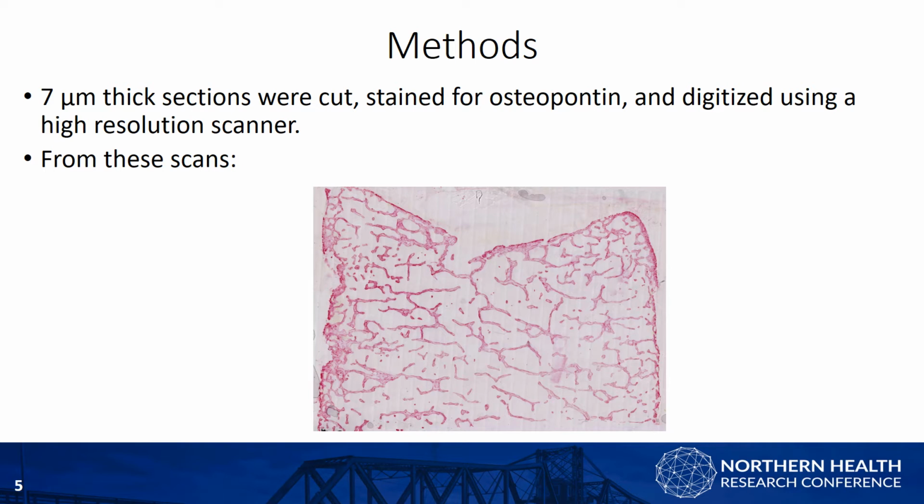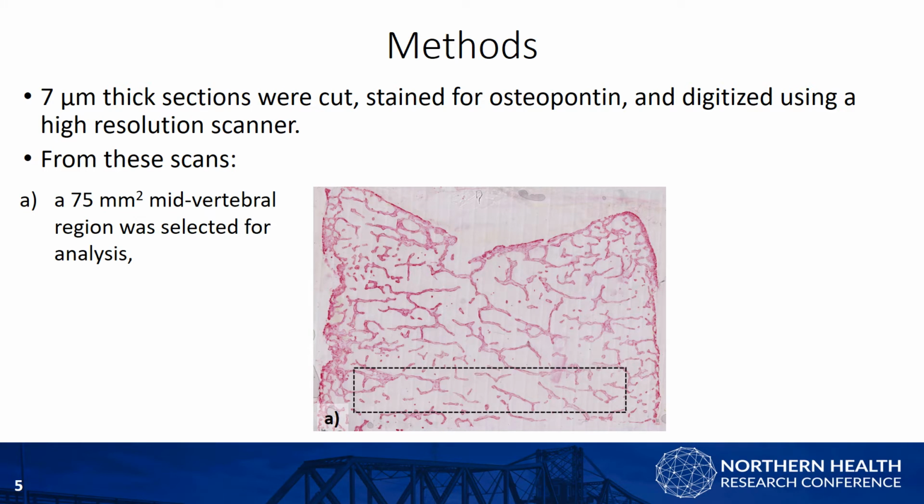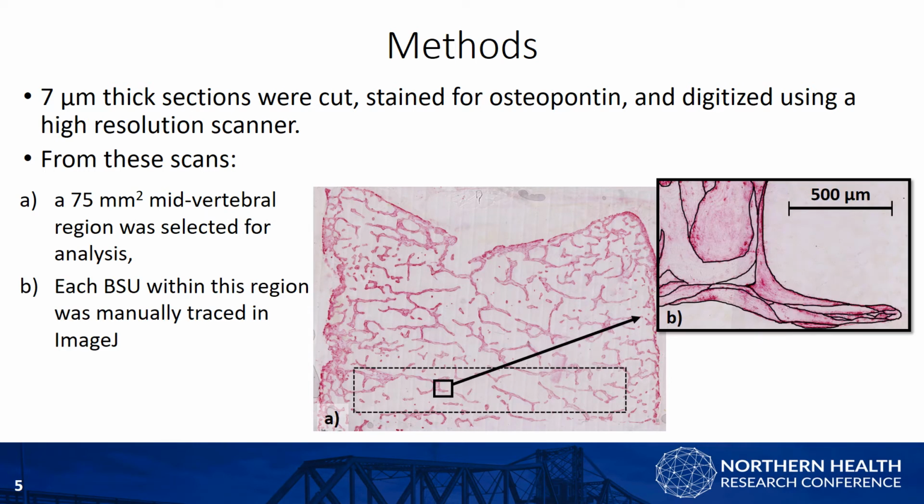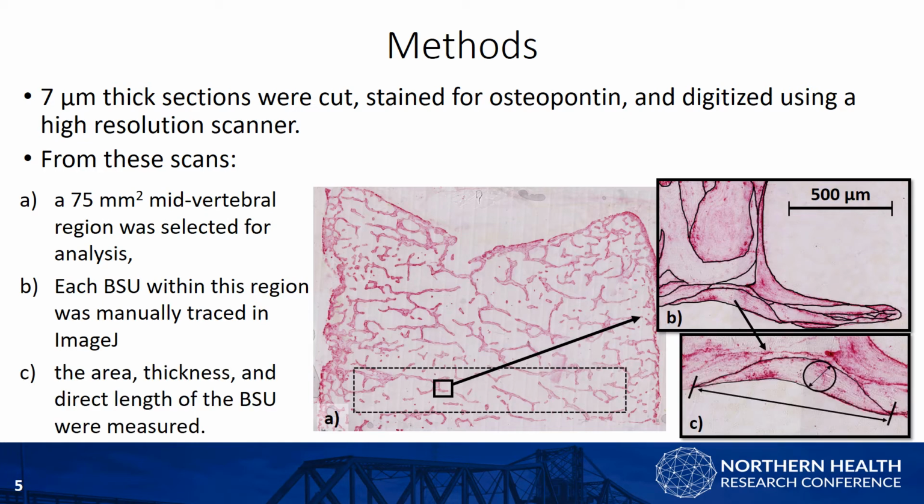The stained sections were then digitized using a Hamamatsu high-resolution scanner. From these scans, a 75 mm square midvertebral region was identified for analysis. Each of the BSU within this region was manually traced in ImageJ image analysis software. The area, thickness, measured as the diameter of the maximum circle within the selection, and the direct length was recorded for each.